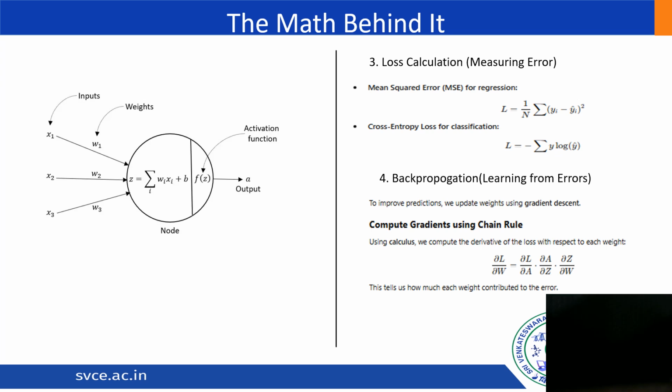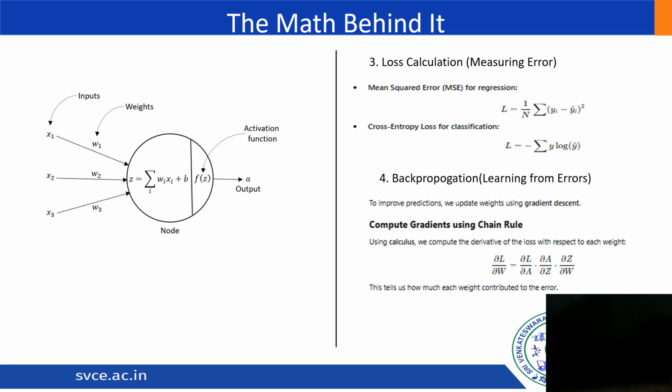And then the third step is calculating the loss, that is measuring the error. The difference between the predicted output y cap and the actual output y is measured as the loss function.